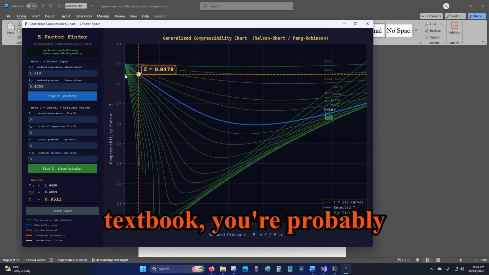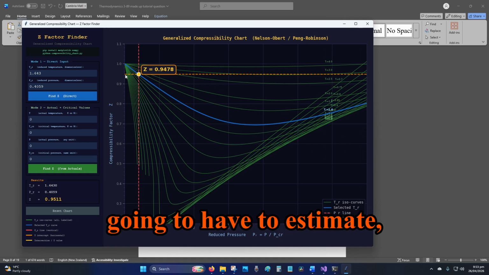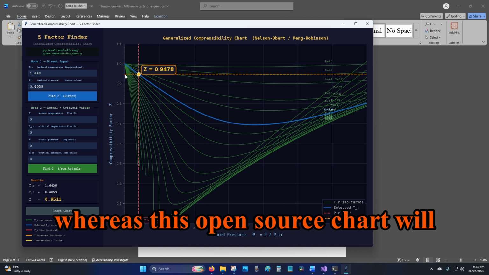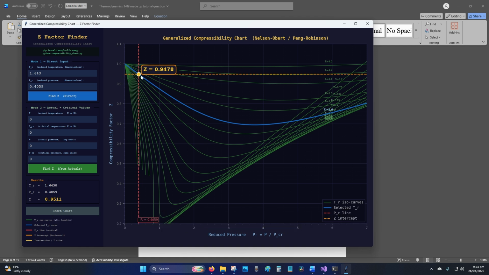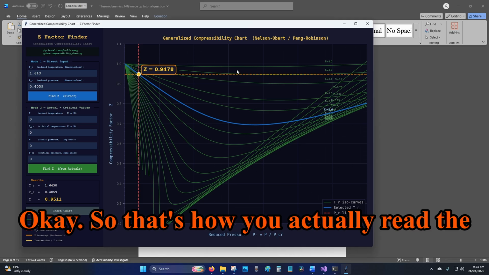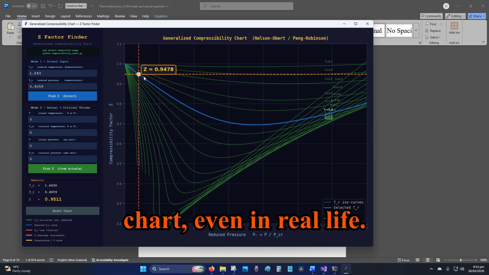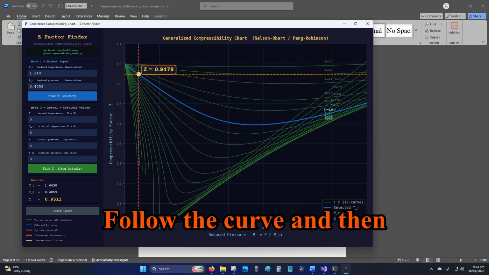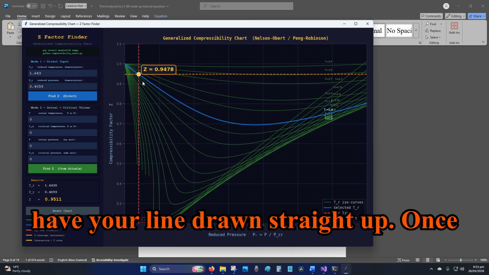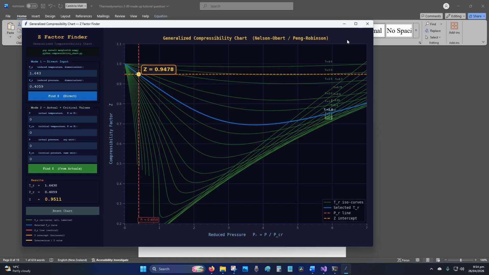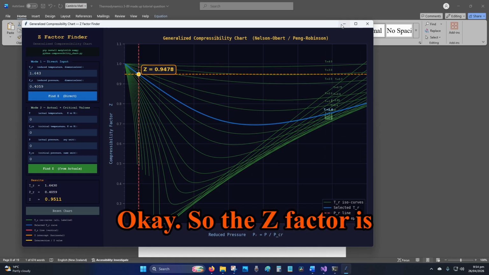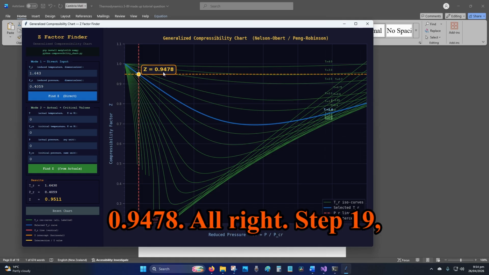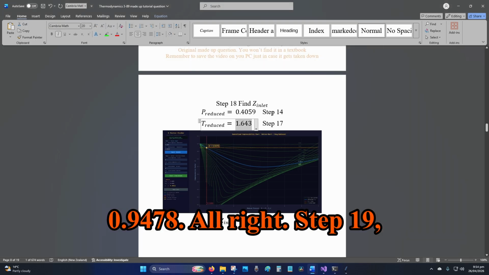So in your textbook, you're probably going to have to estimate, whereas this open source chart will calculate it for you. Okay, so that's how you actually read the chart, even in real life. Follow the curve and then have your line drawn straight up. Once they intersect, you go to the left. Okay, so the Z factor is 0.9478.